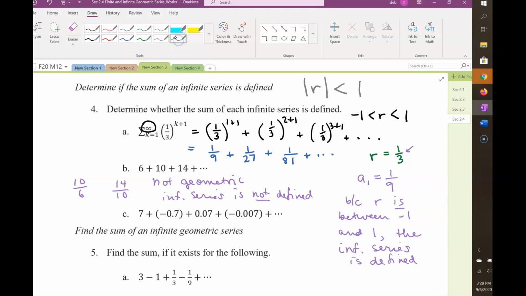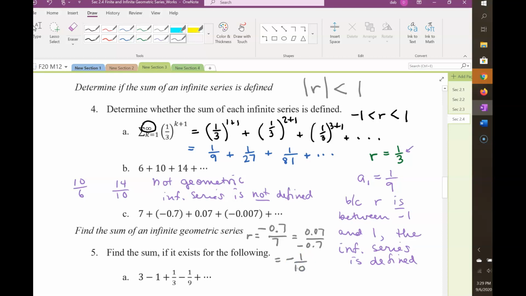Okay, and then this next one, it looks like we're multiplying by something negative. Let's see, if I have 0.7 over 7, and I have 0.07 over negative 0.7, it looks like we're getting that r is negative 1/10.